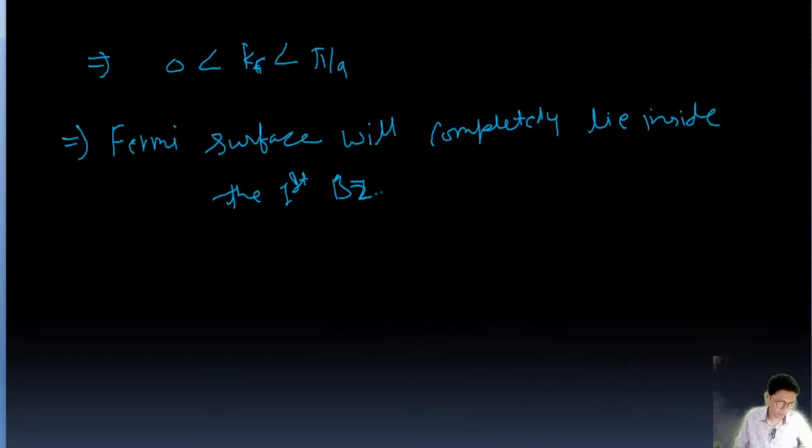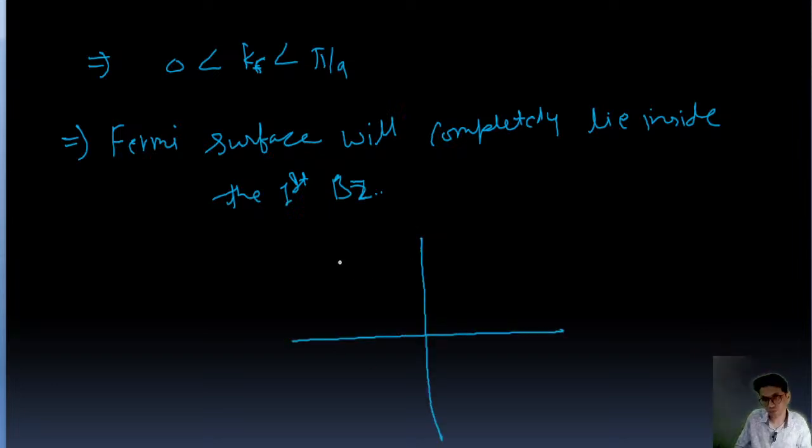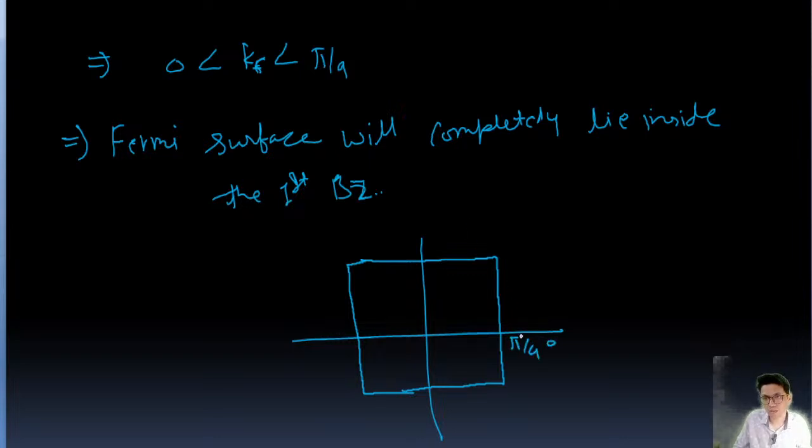Okay, so I can make a figure like this. This is pi by a comma 0, this is minus pi by a comma 0, this is 0 comma pi by a, and this is 0 comma minus pi by a.